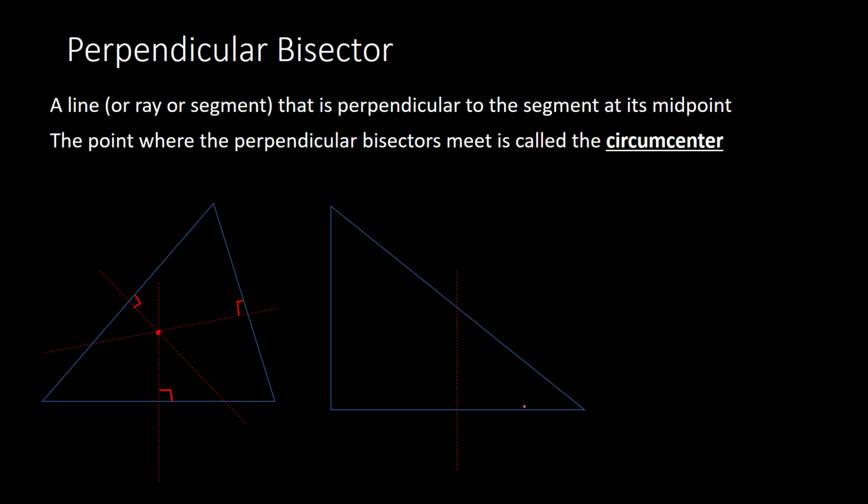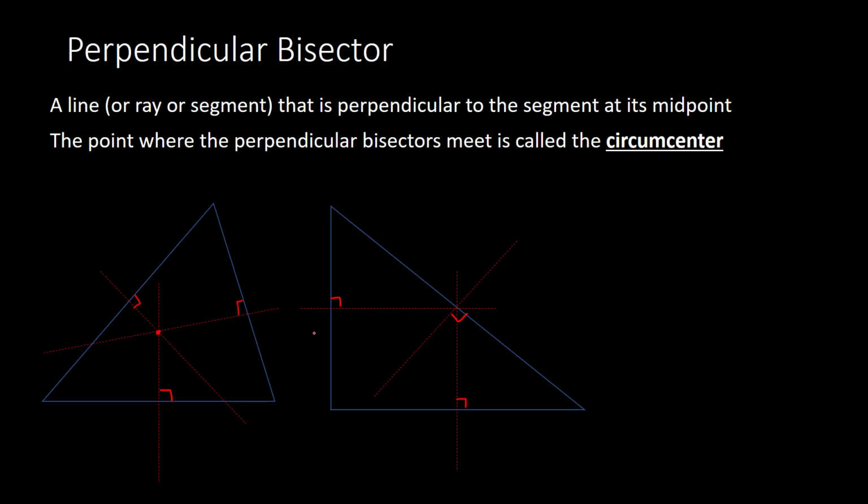Here is a right triangle, and we see the perpendicular bisector for the bottom side. It's 90 degrees with the bottom side, and it cuts that side in half. For the left side, the perpendicular bisector would look like this, 90 degrees, and it's cutting that side in half. And then the third side would look like this, where we have a 90-degree angle, and it's cutting that right side in half.